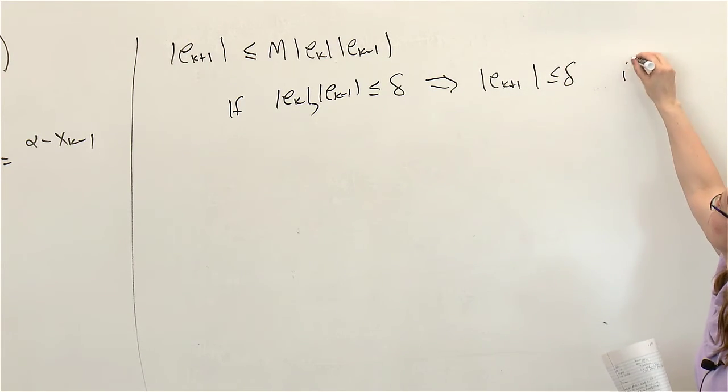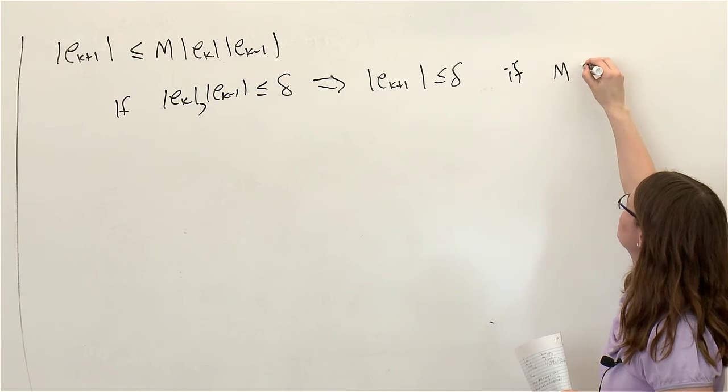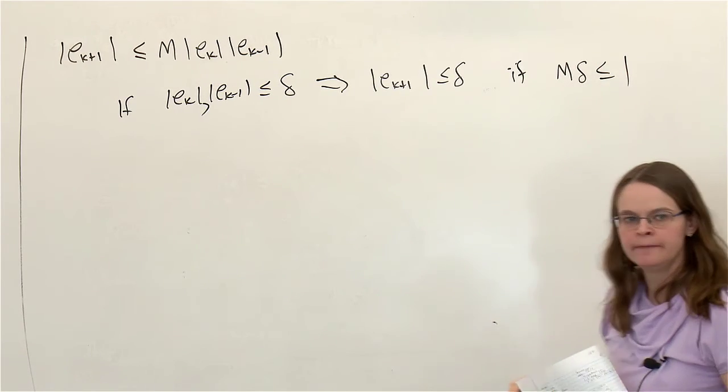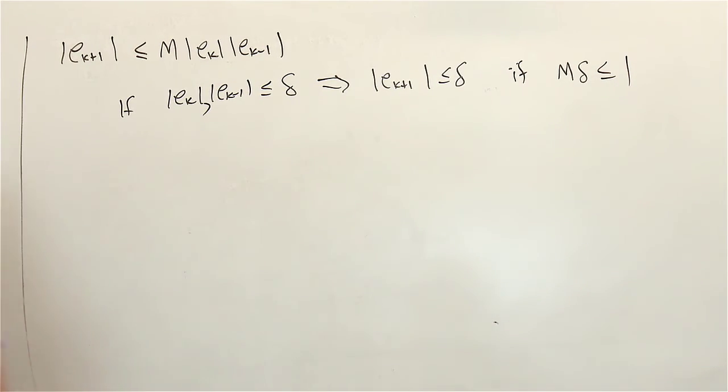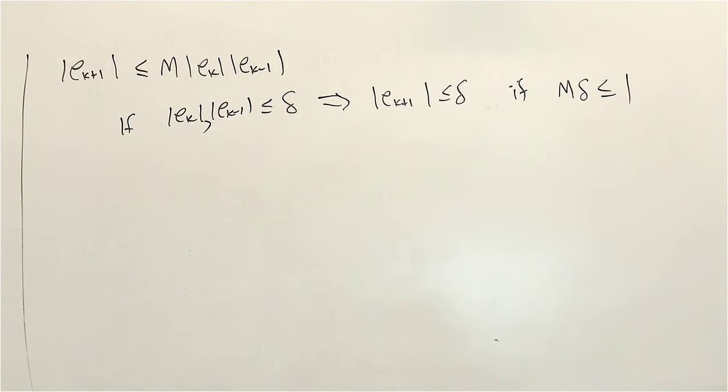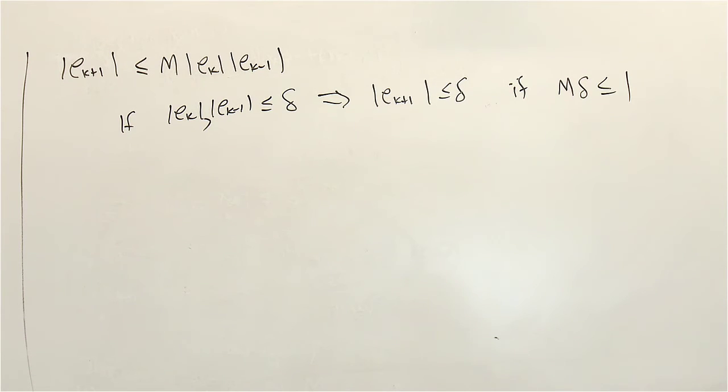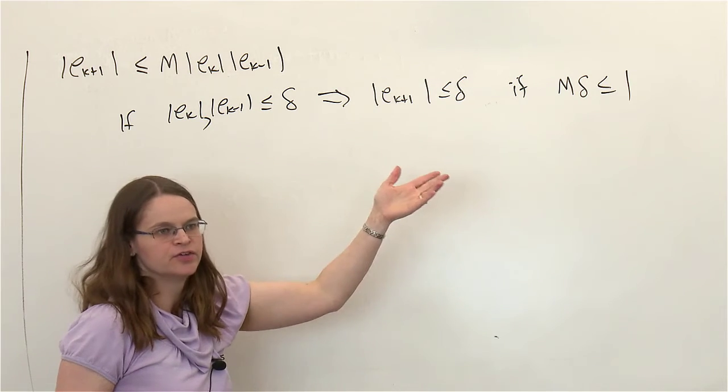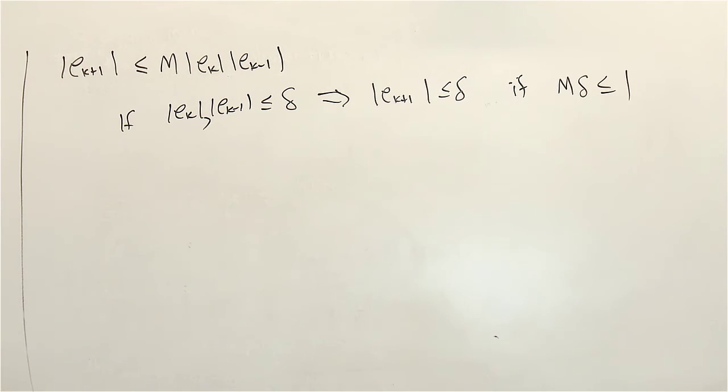Again, using the same argument as before, if m delta is less than or equal to 1. Most of this proof, this was the hard part, just figuring out how to manipulate and simplify things. But most of the proof goes the same as it did for Newton's method. We stay in the interval as long as the interval is small enough, for the same reason as Newton's method.